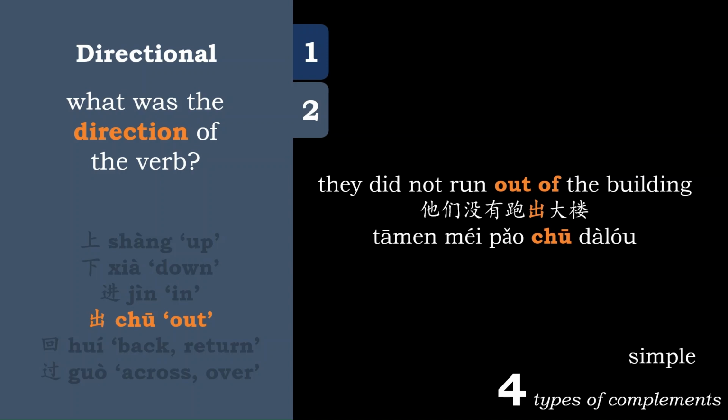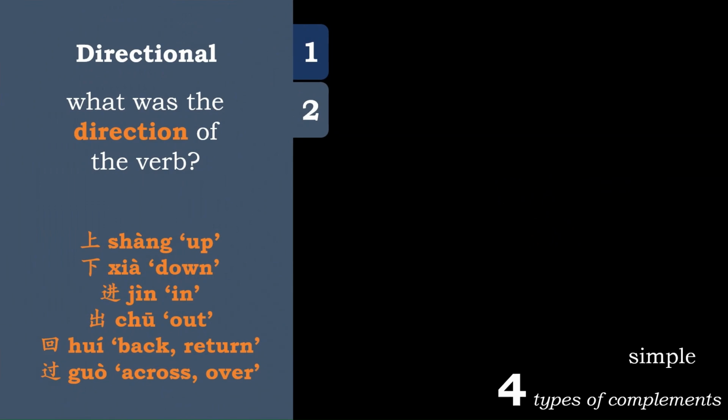Let's take another look at this list on the left. 上 up, 下 down, 进 in, 出 out, 回 back or return, 过 across or over. So these are all directional complements, which we added to motion verbs to indicate the direction of the verb. For example, 走上 or 跑出.